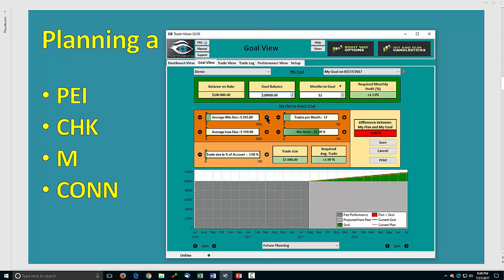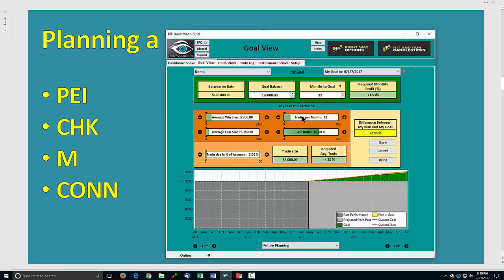I said I can average, and this is a new account, so I don't have any history to work off of here. If I had actual history, that would tell me what I've done there. So here I'm showing a 2-to-1, so a $300 gain per trade on average. That's 10%. $150 loss on average. That's 5% of that $3,000 trade.